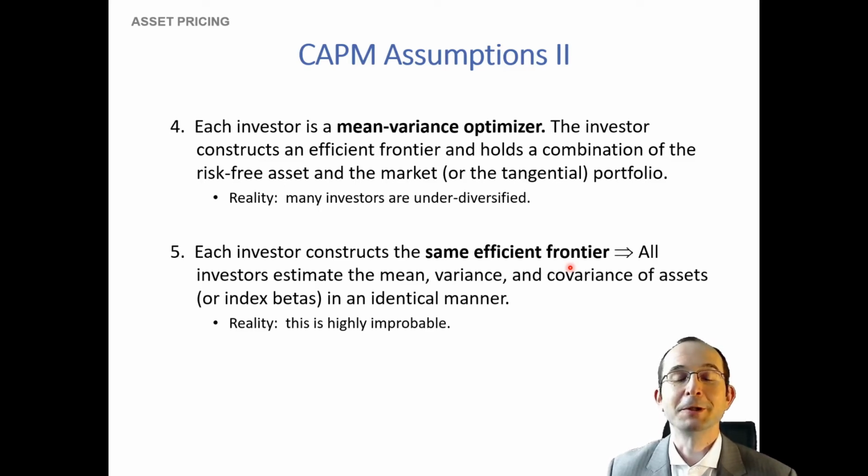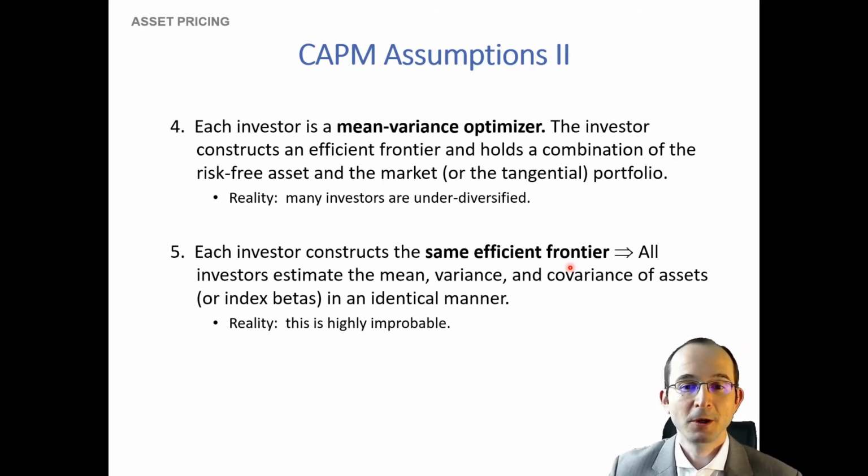Not everybody really has the same forward-looking estimates of any of these payoff characteristics of risky assets. So this is a highly improbable assumption. But you might think about a representative agent that has the preferences that most closely match the average in the market. So also not completely indefensible either.